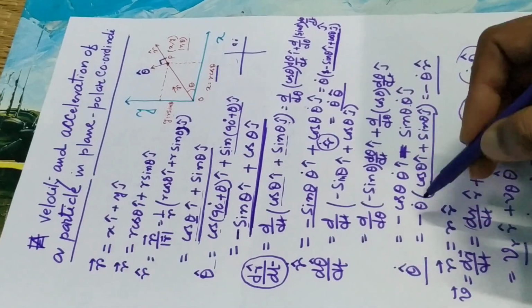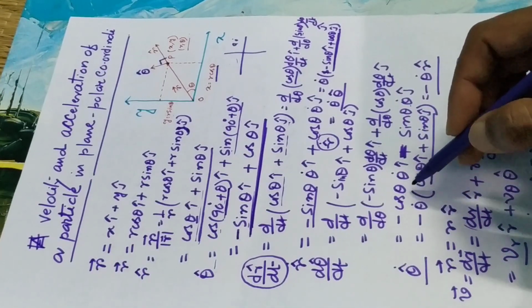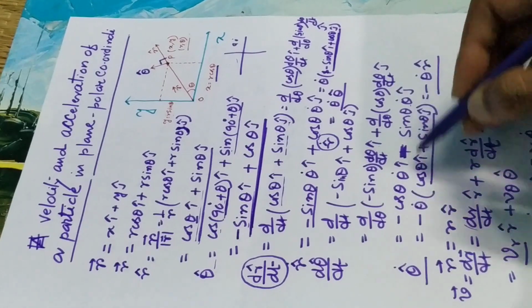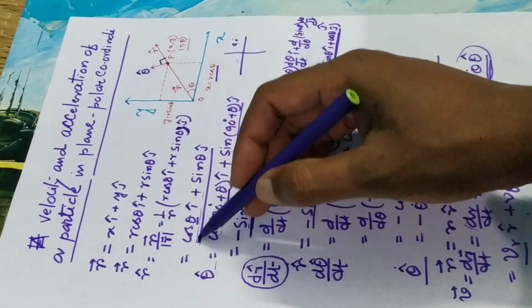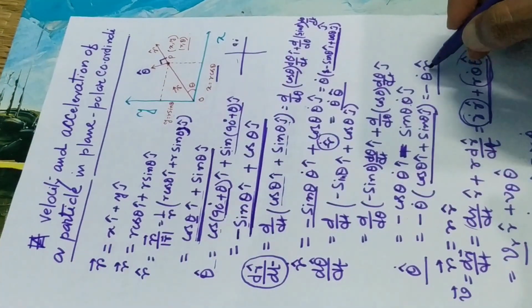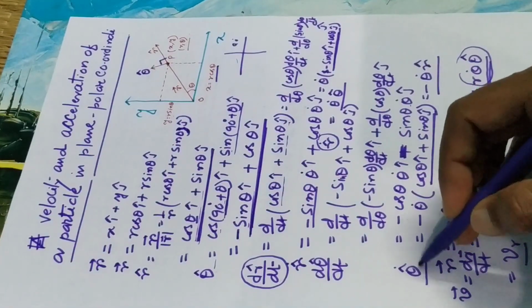So theta cap dot, taking theta dot common, is minus theta dot times (cos theta i plus sin theta j), and cos theta i plus sin theta j is equal to r cap, so theta cap dot is minus theta dot r cap.